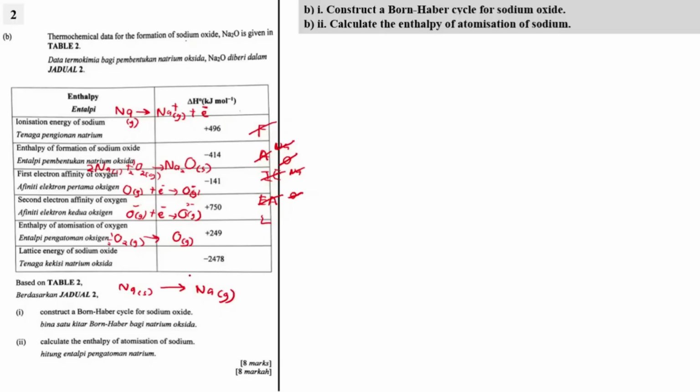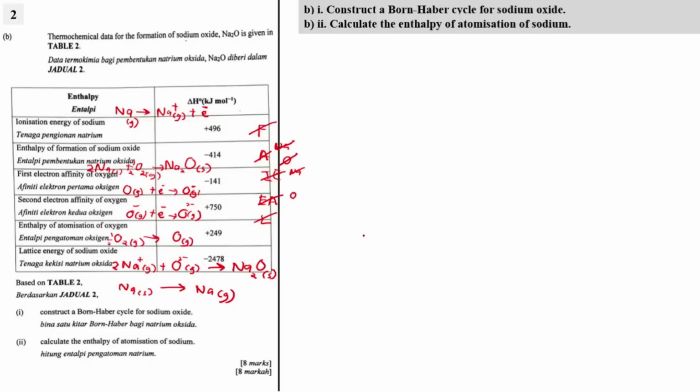Lattice energy of sodium oxide is basically the combination of the Na plus gaseous ion with O2 minus gaseous ion in order to form ionic solid Na2O. And here it needs to have 2 moles of Na plus. So here is the lattice energy. These are the equations that we need to do step by step before we convert that into a Born-Haber cycle.